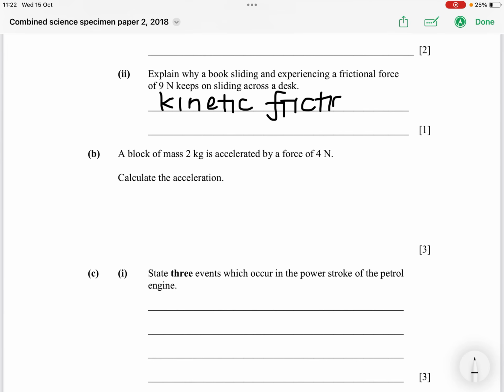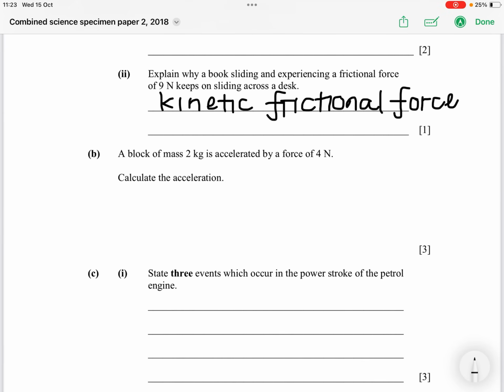That is what you need to explain here. So it is due to kinetic frictional force, or the sliding friction, which keeps a surface sliding on another surface.